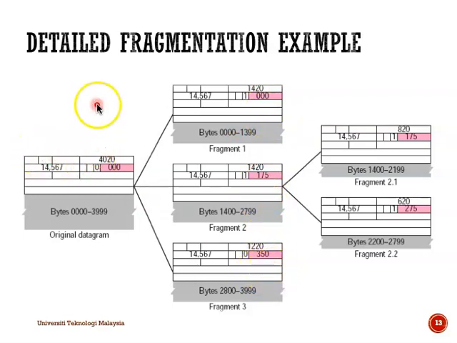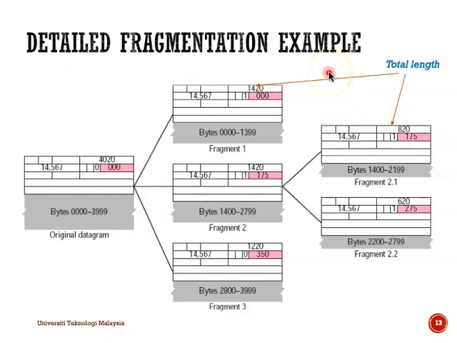Just now we had an IP datagram with 4000 bytes of data. The total length, when including the 20 bytes header, which is assumed here to be 20 bytes, is 4020. So this field shows the total length.